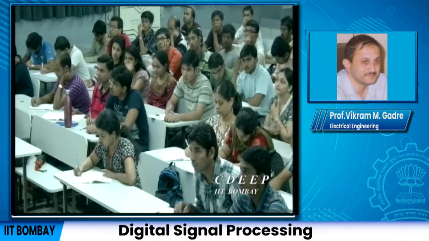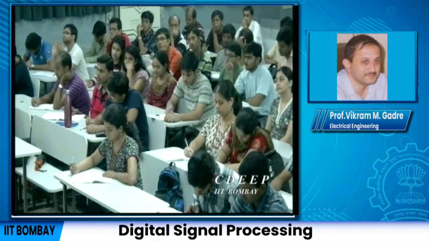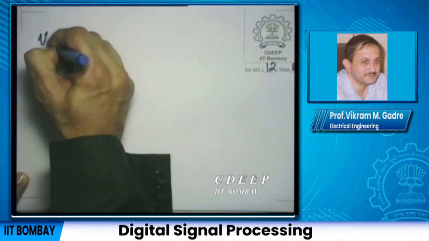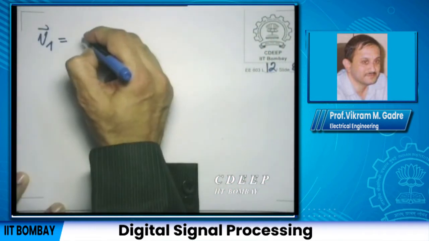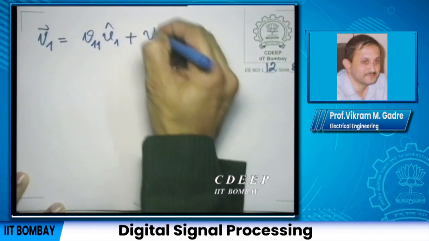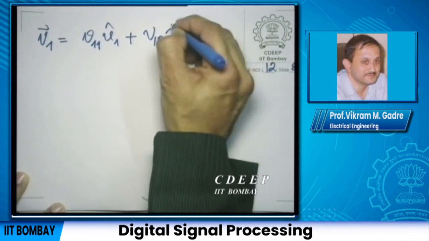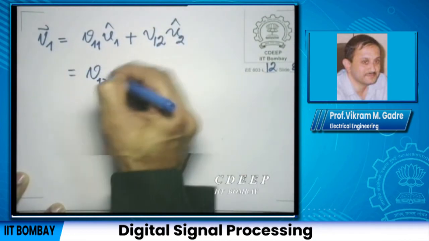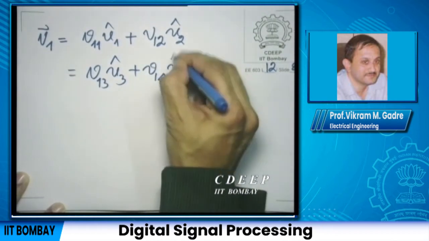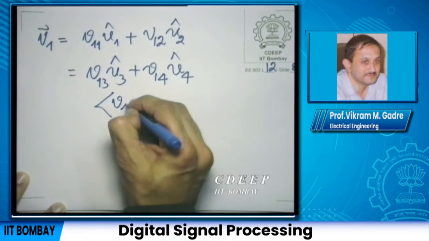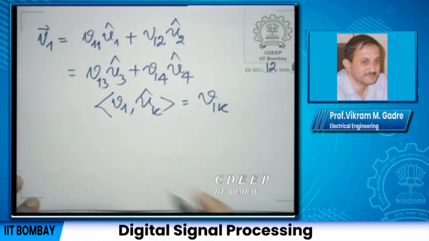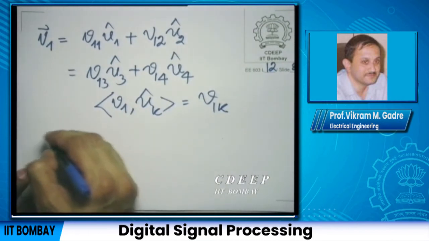Now, let us write these 4 equations down. What we are saying is V1 is of the form V11 U1 cap plus V12 U2 cap, which is also V13 U3 cap plus V14 U4 cap, where the dot product of V1 with UK is V1K, and similarly for V2.